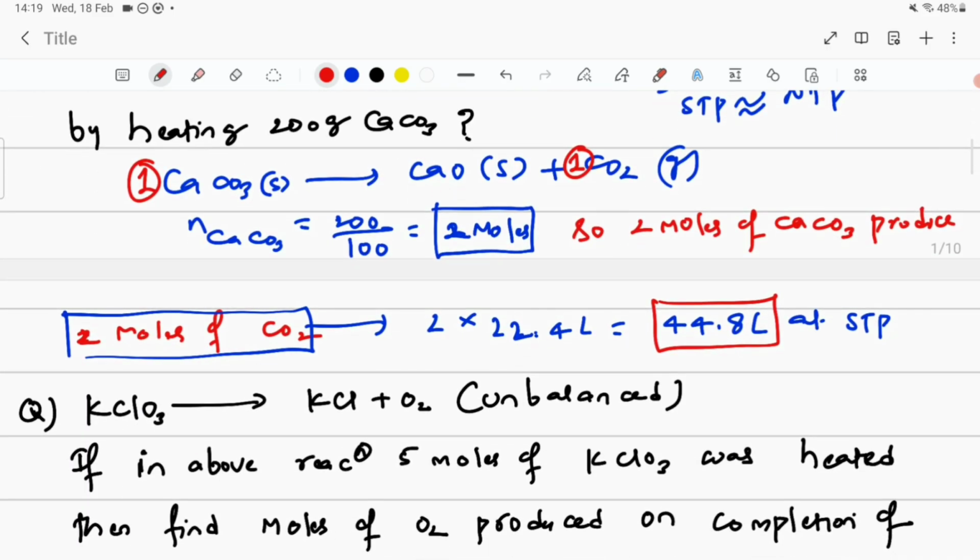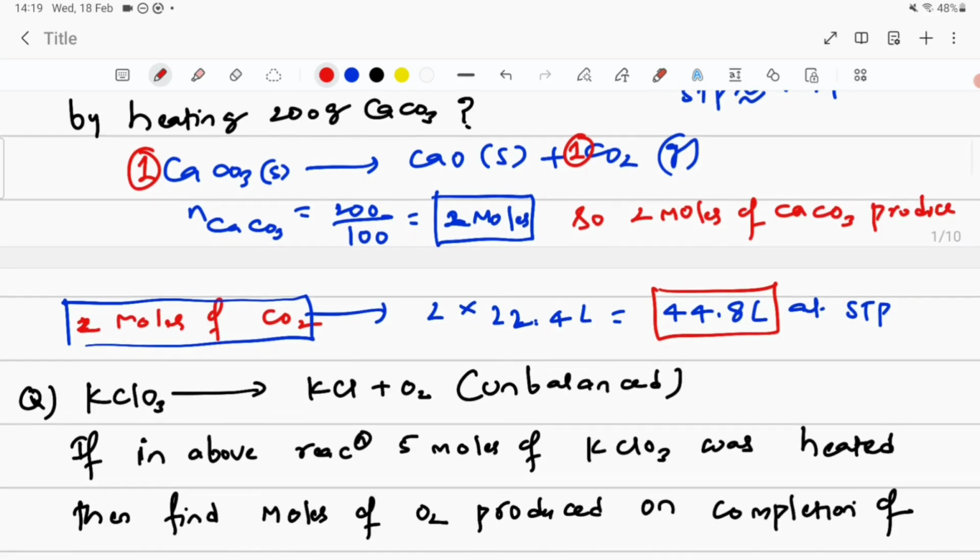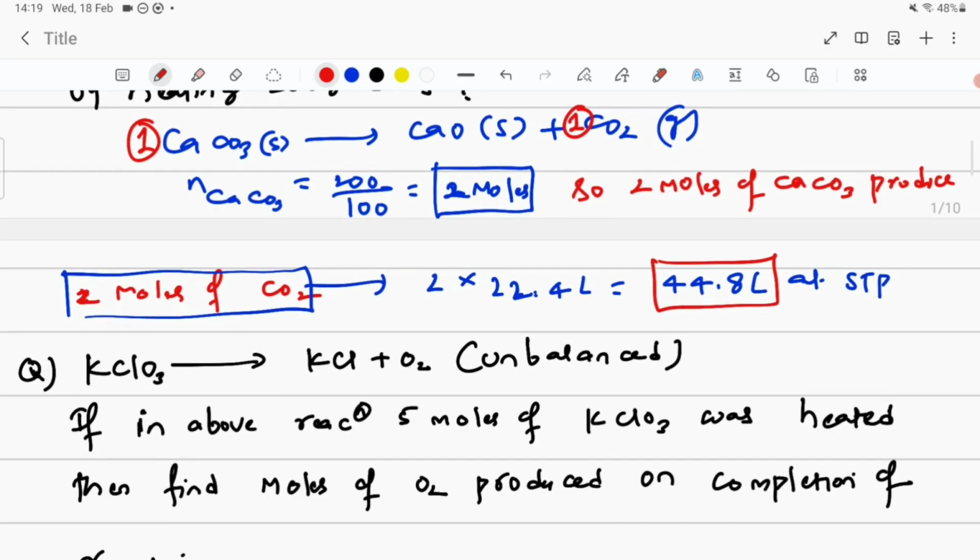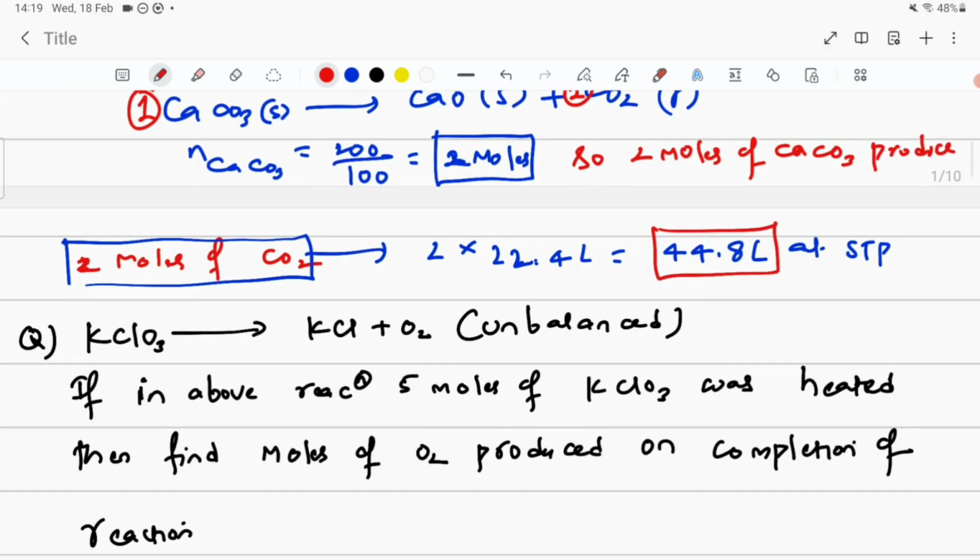Next, moving further. First everyone observe the question. KClO3 unbalanced reaction they gave. If in the above reaction 5 moles of KClO3 was heated, then find moles of O2 produced on completion of reaction. So let us see.